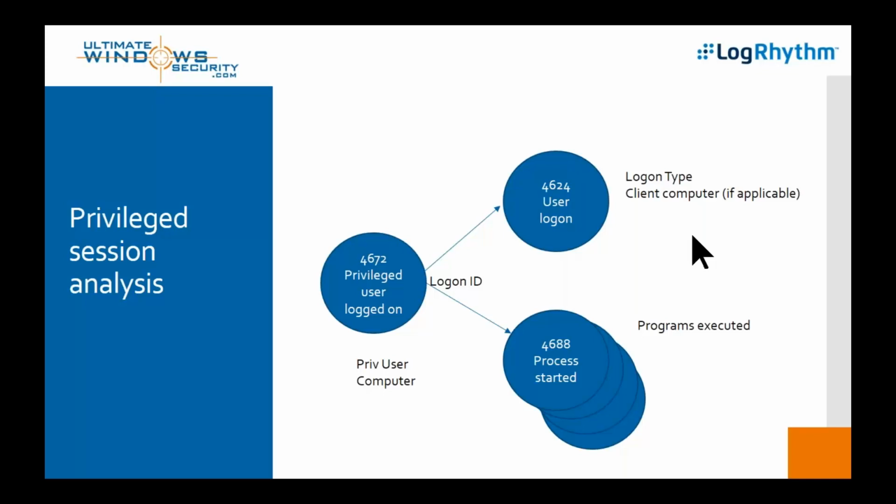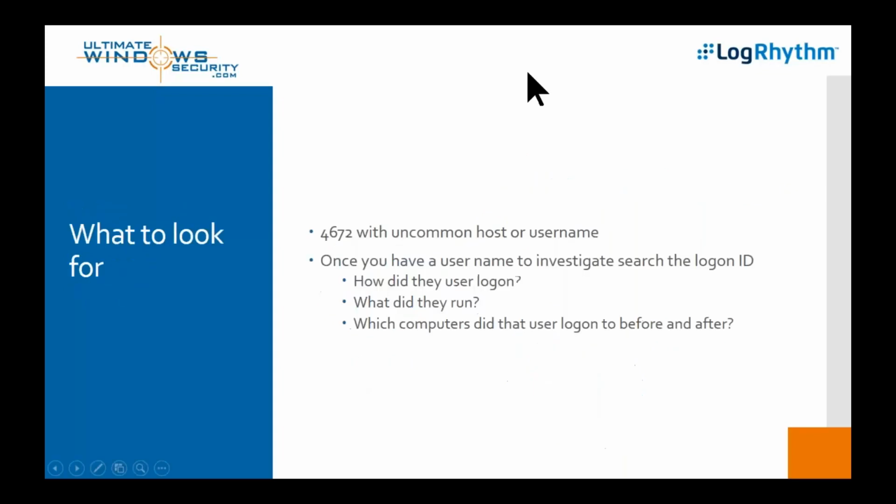If it's RDP or network, why then 4624 is also hopefully going to tell you either the IP address or the NetBIOS name of the remote computer where the user was coming from. And when we're tracking lateral movement, that's super valuable, right? Okay, so what do we want to do?